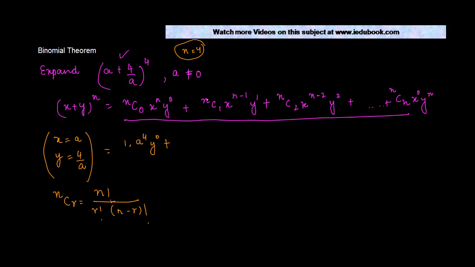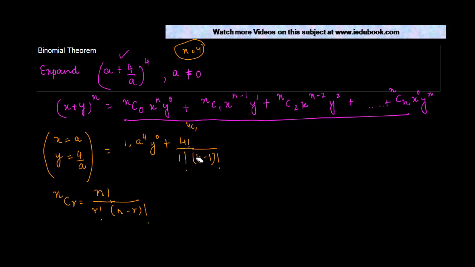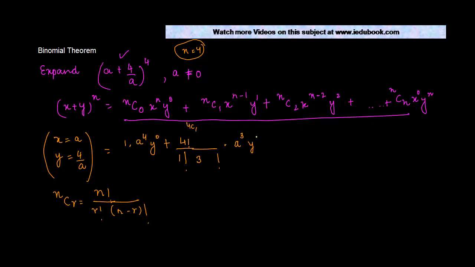So 4C1 can be written as factorial 4 divided by factorial 1 into factorial 4 minus 1, which is factorial 3, into x, which is a to the power 4 minus 1, which is 3, y to the power 1, plus 4C2.